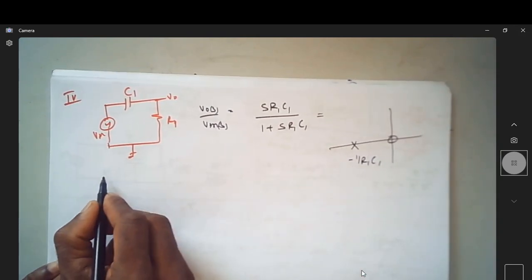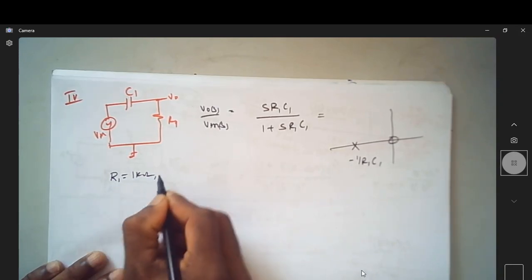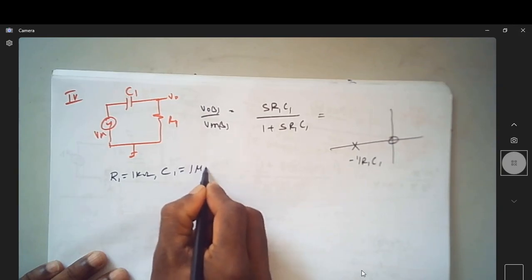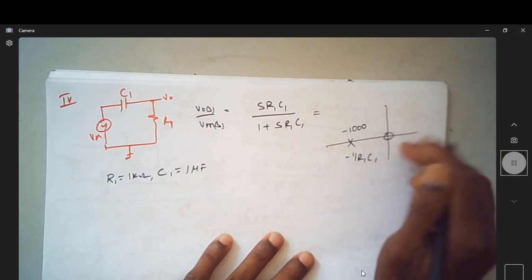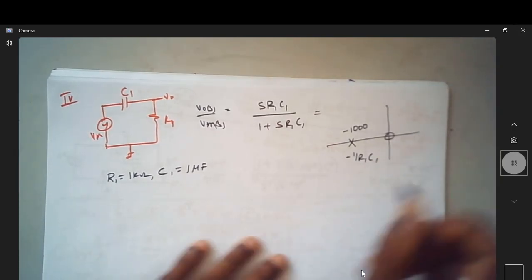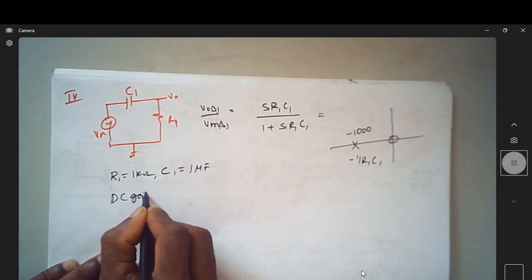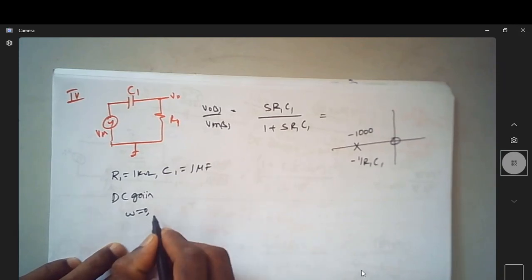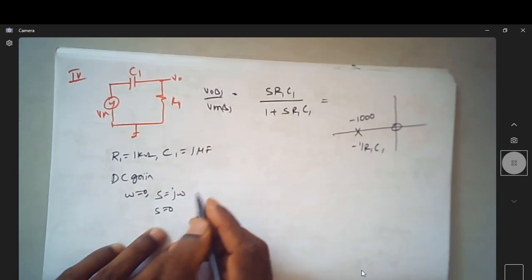If you take R1 as 1 kilo ohm and C1 as 1 microfarad, the pole comes out at minus 1000, and the 0 is at origin. If you want to find the DC gain, DC gain corresponds to omega 0, where S is equal to j omega, so S also becomes 0.